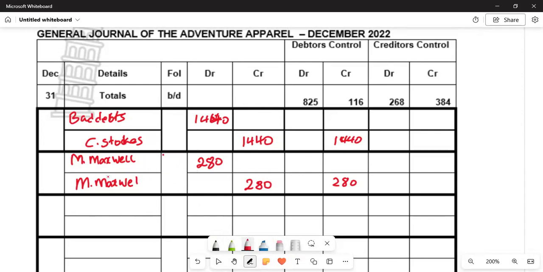So it means we are going to debit Maxwell as a creditor, and here we are crediting him as a debtor.